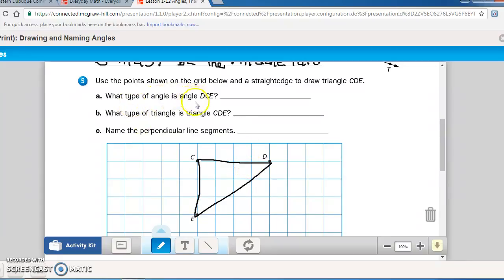What type of angle is angle CDE? Well, remember, here's our right angle symbol, and that looks like a capital L if you would have used your straight edge and drawn it straight. So what kind of angle is it? It's a right angle. And please write the word angle after it also so you get used to its spelling of A-N-G-L-E.